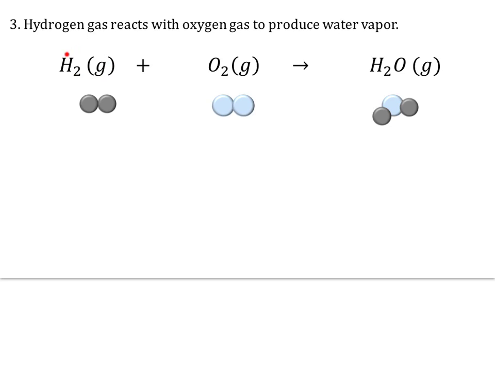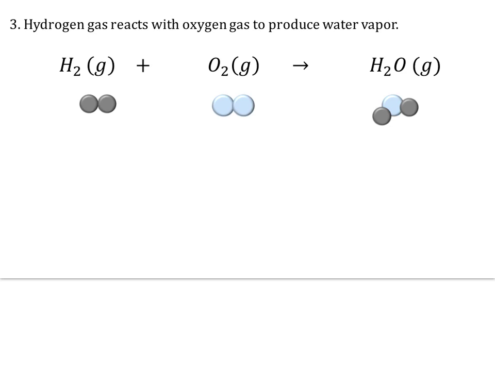So my H2 tells me that each molecule of H2 has 2 hydrogen atoms. So this is one H2 molecule, 2 hydrogen atoms. This is one O2 molecule, has 2 oxygen atoms. This is one H2O molecule, it has 1 oxygen atom and 2 hydrogen atoms.